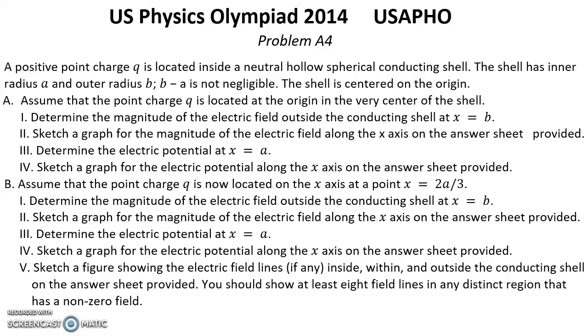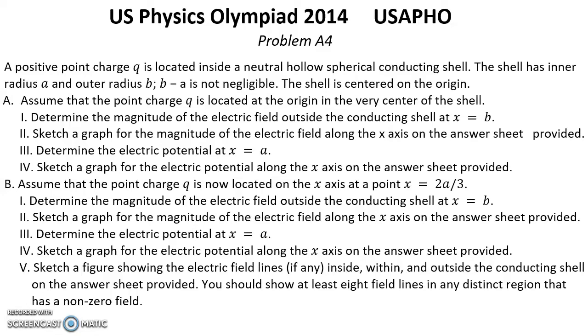Part B. Assume that the point charge Q is now located on the x-axis at the point x equal 2a over 3. Question 1. Determine the magnitude of the electric field outside the conducting shell at x equal b. Question 2. Sketch a graph for the magnitude of the electric field along the x-axis. Question 3.